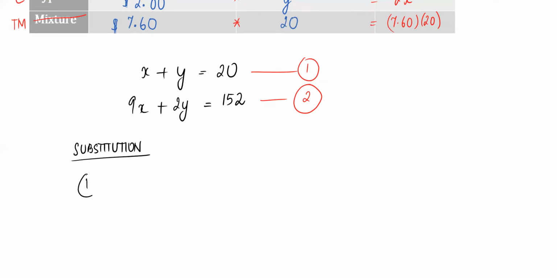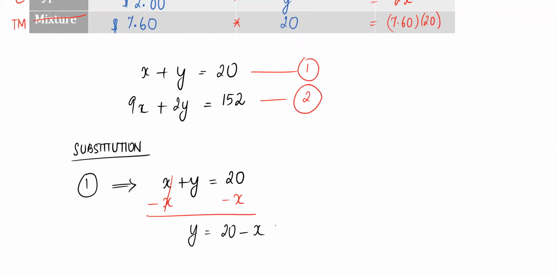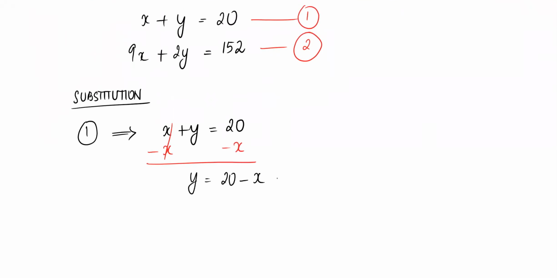So I take the first equation, x plus y equals 20, and I want to subtract x on both sides so that I solve this for y. Okay, again, you could do minus x plus 20 and just put 20 minus x, which is totally fine.